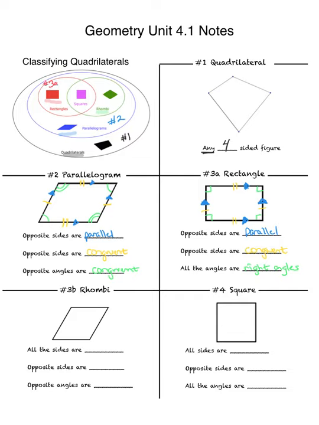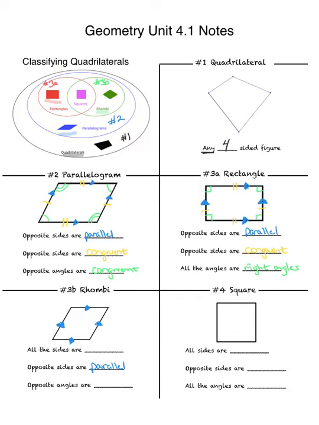Then we're going to do 3B, which is rhombi. Now in a rhombus, opposite sides are parallel, just like in every parallelogram, because a rhombus is a parallelogram.